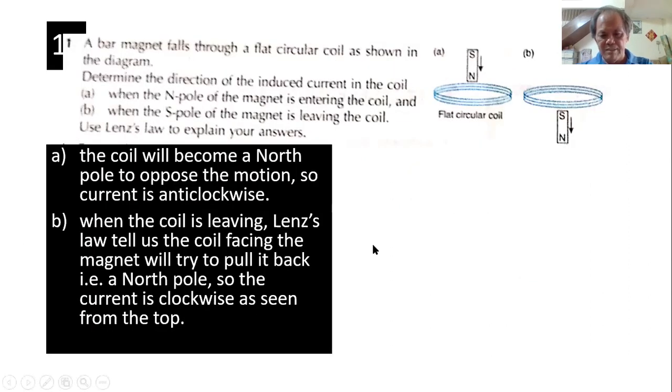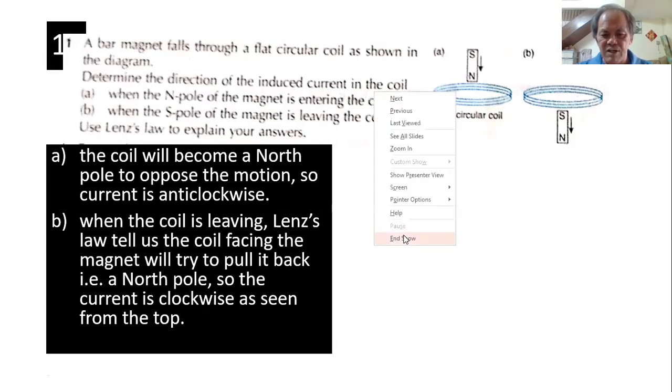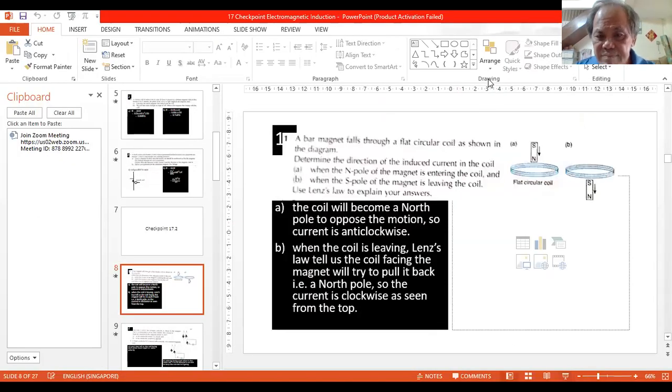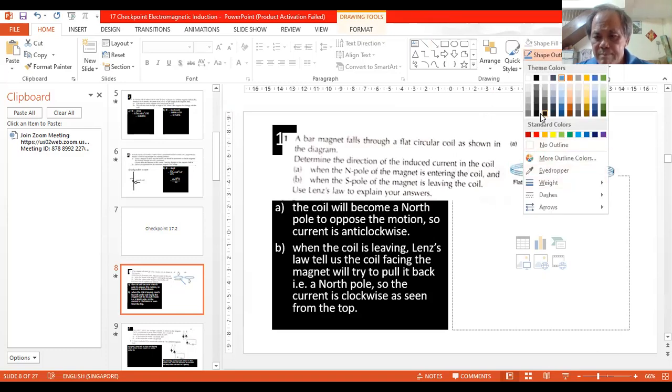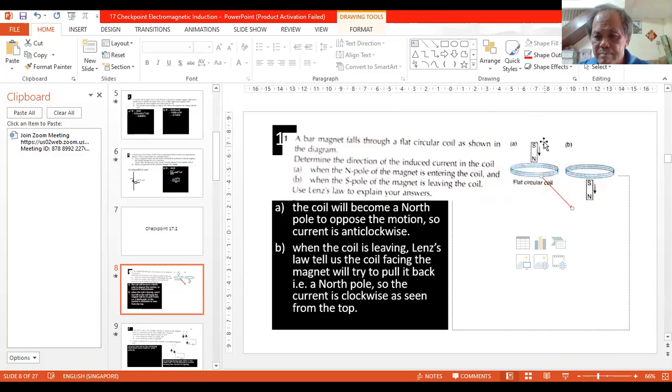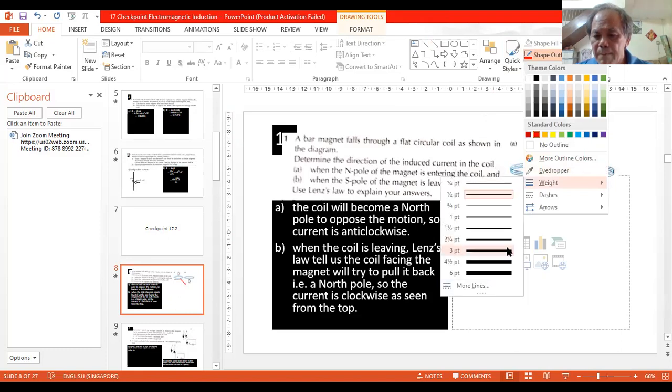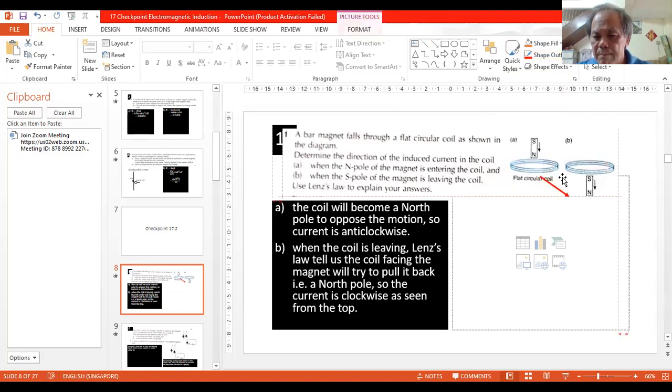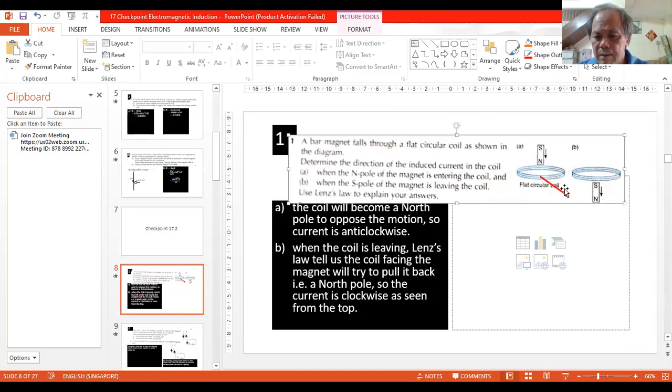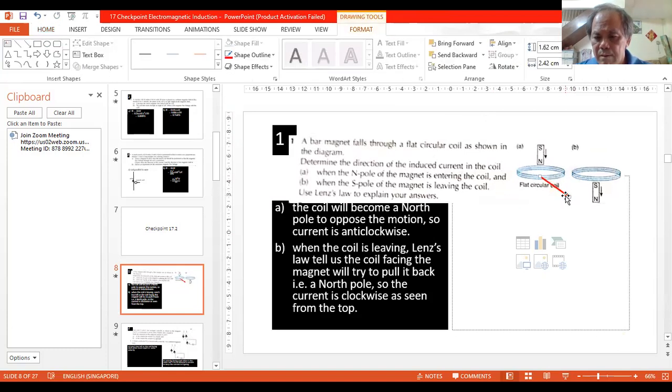Let me just draw. It's better to draw the direction rather than describe clockwise or anti-clockwise, because clockwise or anti-clockwise is relative. Showing a direction is easier.